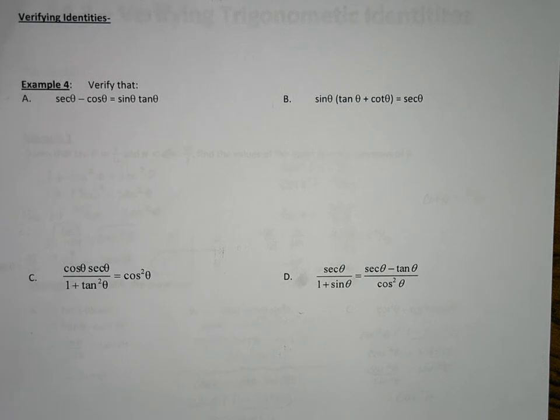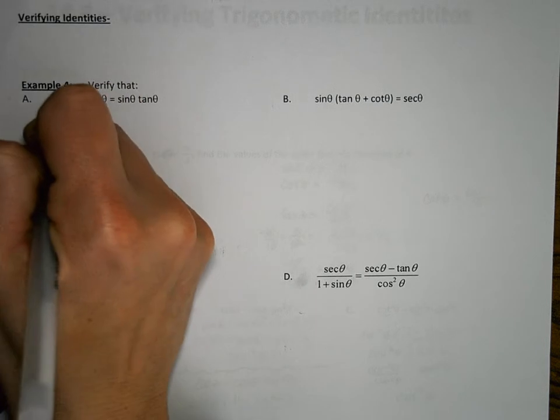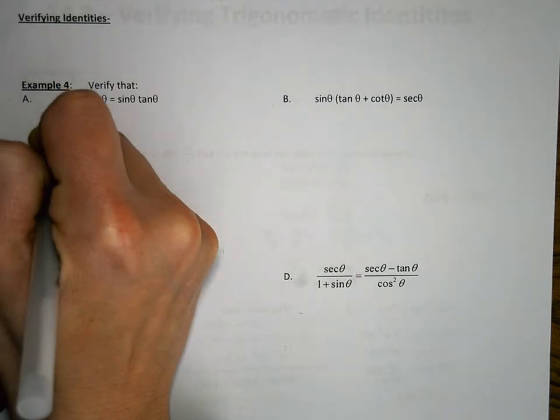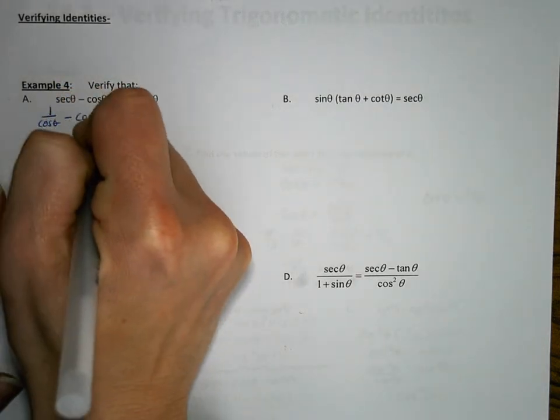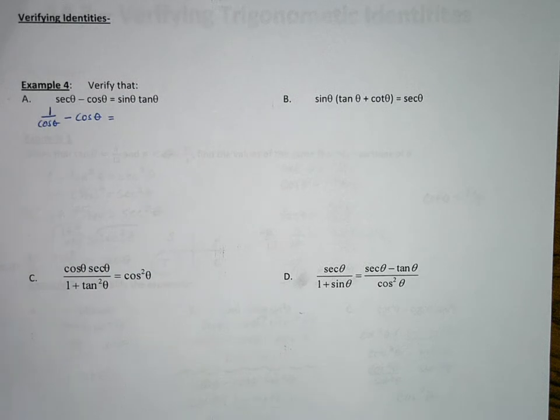Now, if I start on that left-hand side with secant minus cosine, what is the first thing that you see on that left-hand side that we can change? What is secant? 1 over cosine. Okay, so I got 1 over cosine minus the cosine. And here's the deal, and I'm picky and get over it right away.